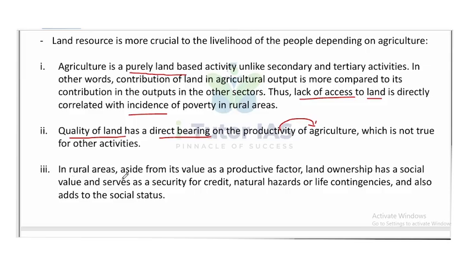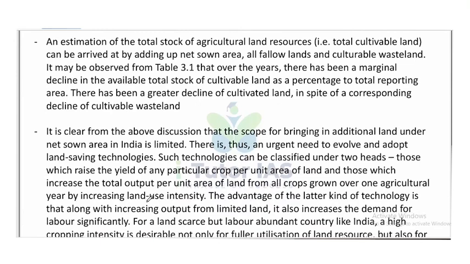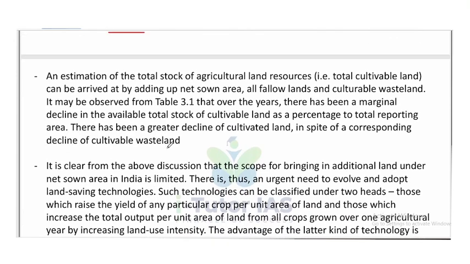And in rural areas, aside from its value as a productive factor, land ownership has a social value and serves as a security for credit, natural hazards or life contingencies, and also adds to the social status. Now, an estimation of the total stock of agricultural land resources, that is total cultivable land, can be arrived at by adding up net sown area, all fallow lands and cultivable wasteland.